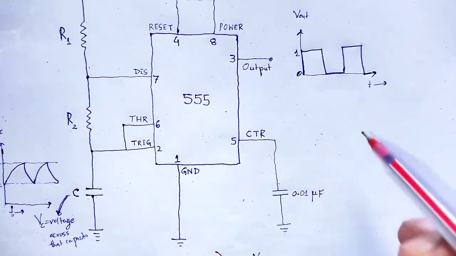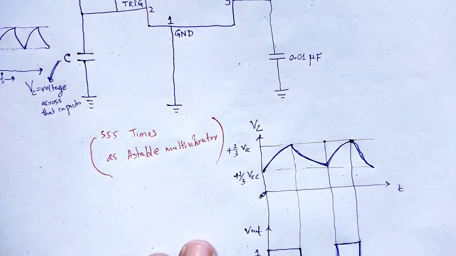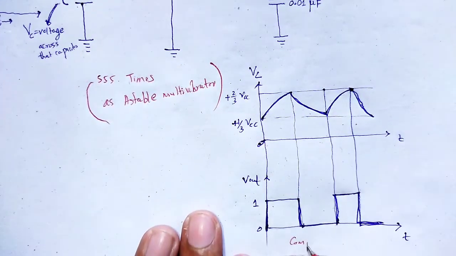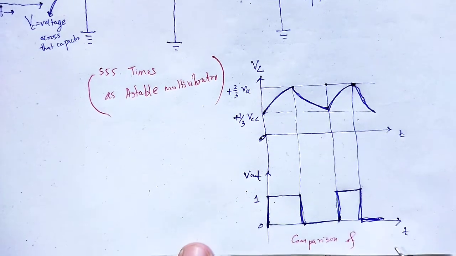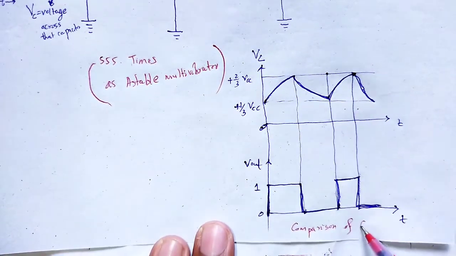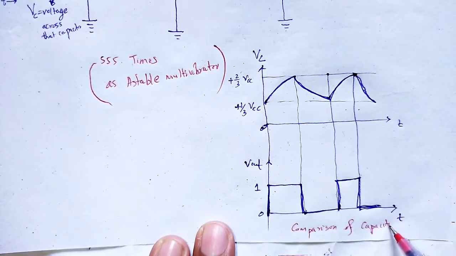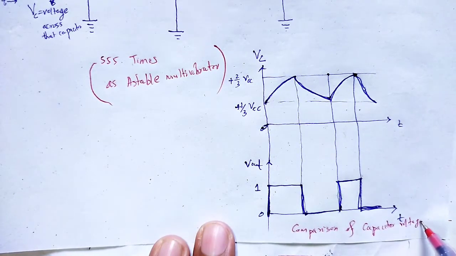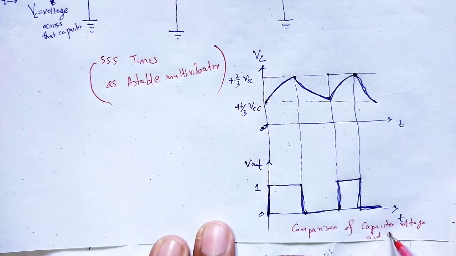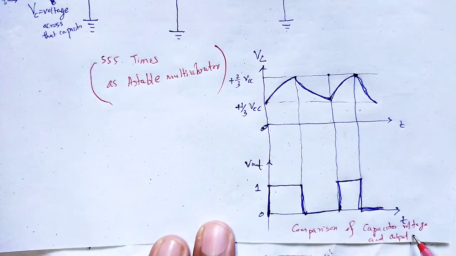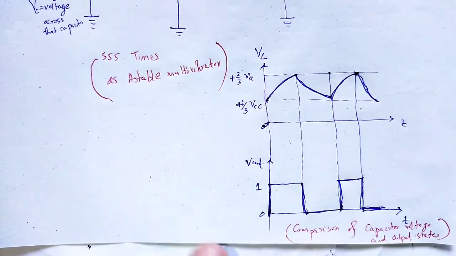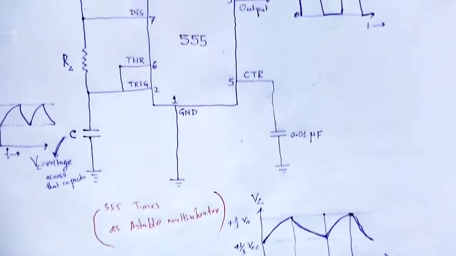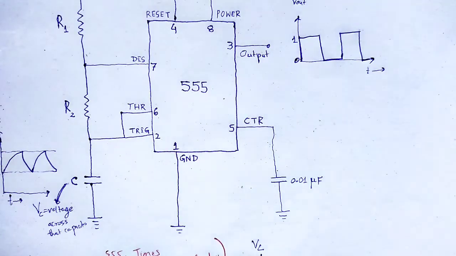Potential input, potential output. This is the comparison of capacitor voltage and output voltage, output states. That is the circuit.